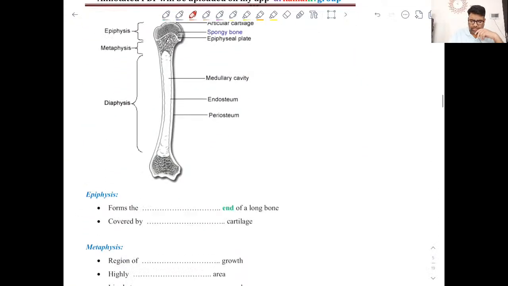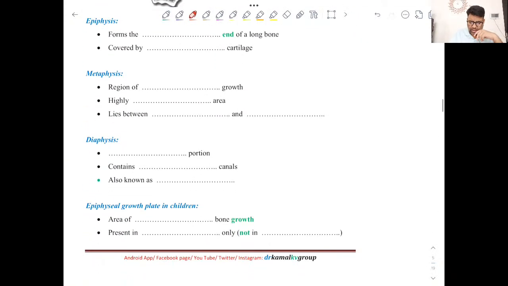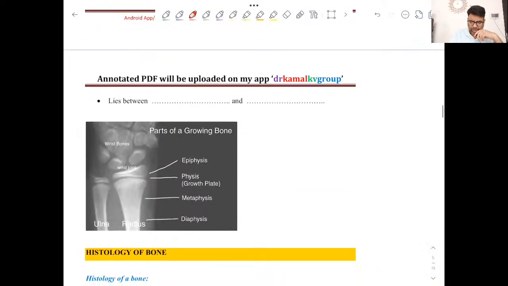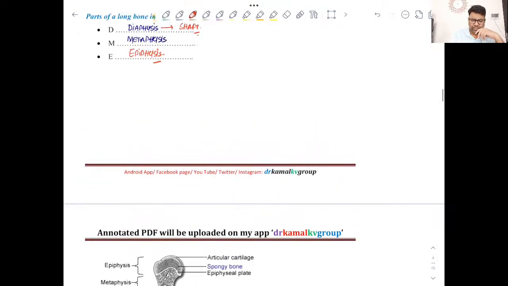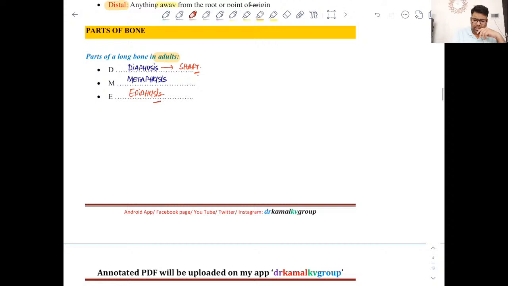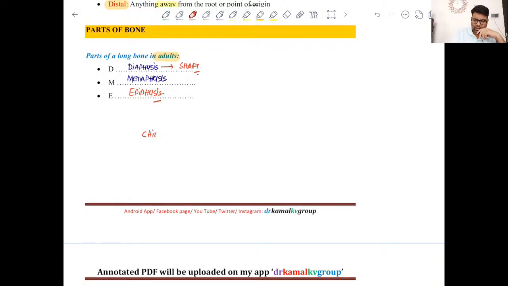Now if we compare it with children, in children we have an additional area, and that is known as physis or growth plate. Okay, so in children we have an additional area, and that is physis, which is also known as growth plate, and this is the area which is responsible for longitudinal growth of the bone.